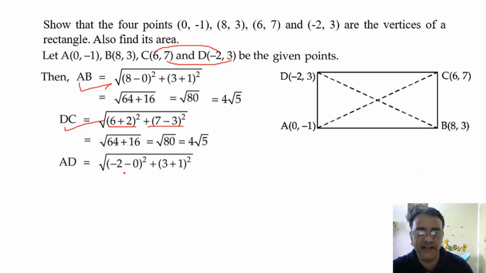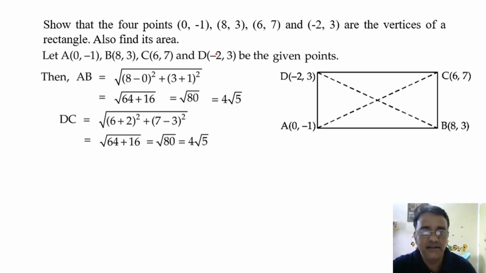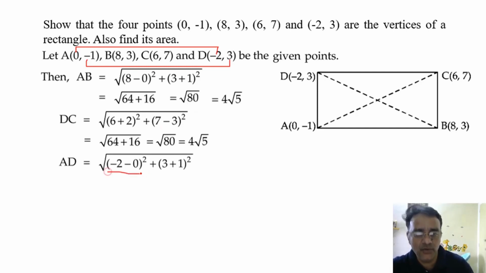So let us start with AD. Minus 2 minus 0 whole square. 3 minus of minus 1, that will become plus 1. 3 plus 1 whole square, whole root. So this will be 4 and this will be 16. So 4 plus 16 is 20. Root over 20 is what? 2 root 5.